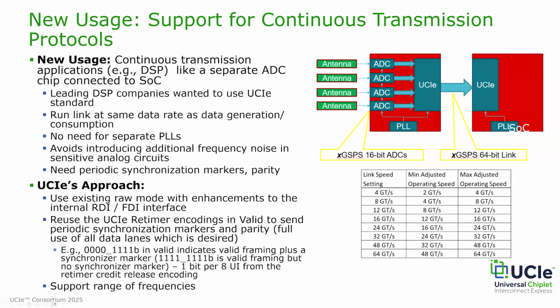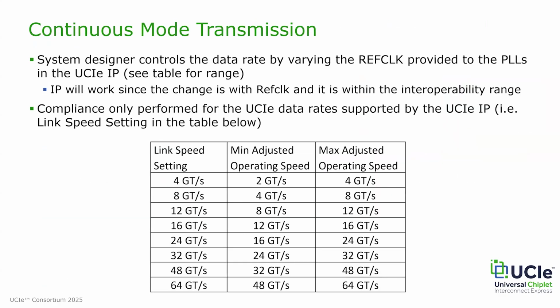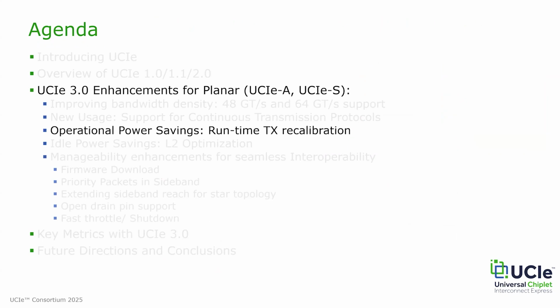And then of course we made all the changes to the RDI and the FDI interface in order to enable this. So small changes that we made enable a whole different class of usage model, which is always a good thing for us to do. As a standard, we want to be more inclusive, as I said before. We want to be the ubiquitous standard. So this is along those lines.